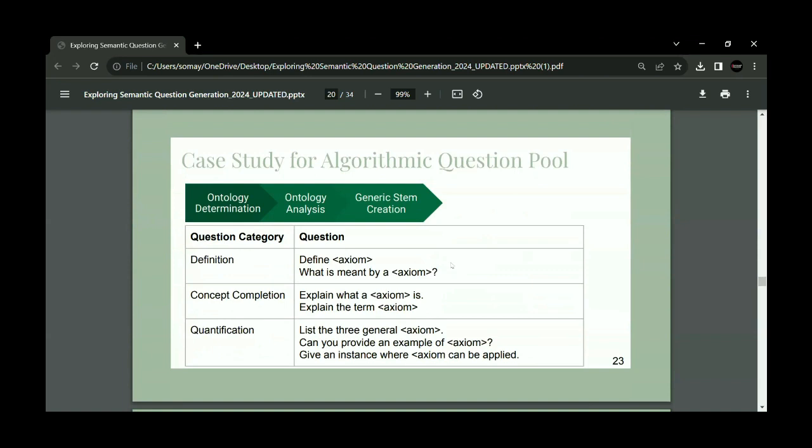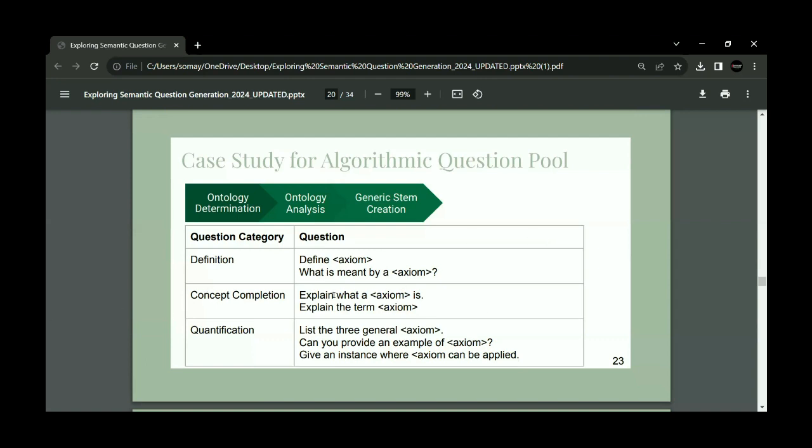We have many question categories, such as definition, concept completion, and quantification. For example, for definition, the question can be defined, then the axiom or the concept, and we can say what is meant by the axiom.